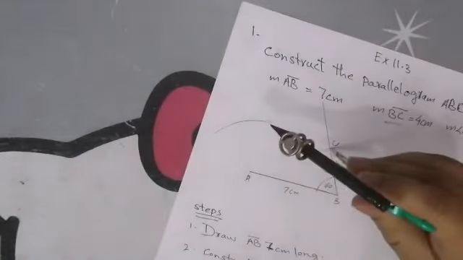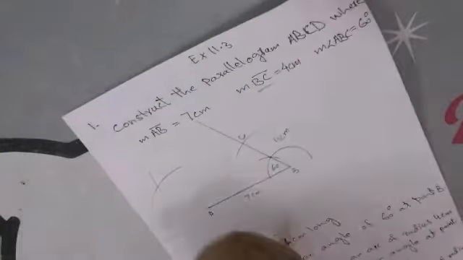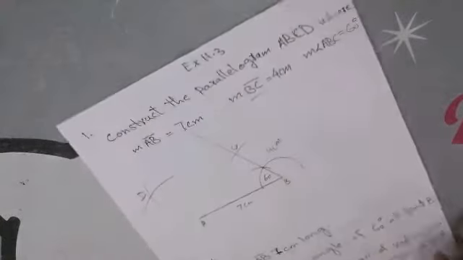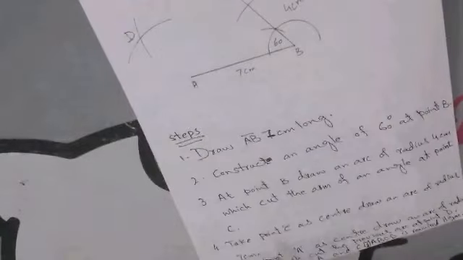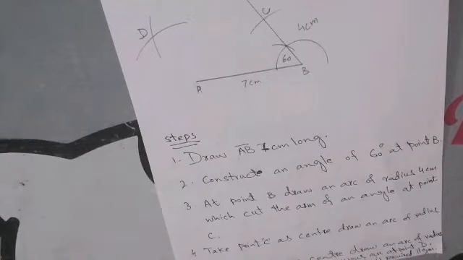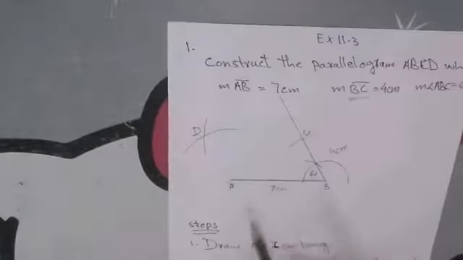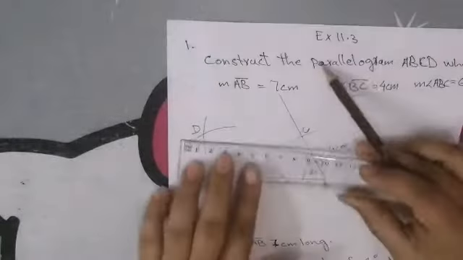Put it at point C and draw an arc which cuts the previous arc at point D. So what we write? Take point C as center, draw an arc of radius 7 centimeter. Then take point A as center, draw an arc of radius 4 centimeter which cuts the previous arc at point D.